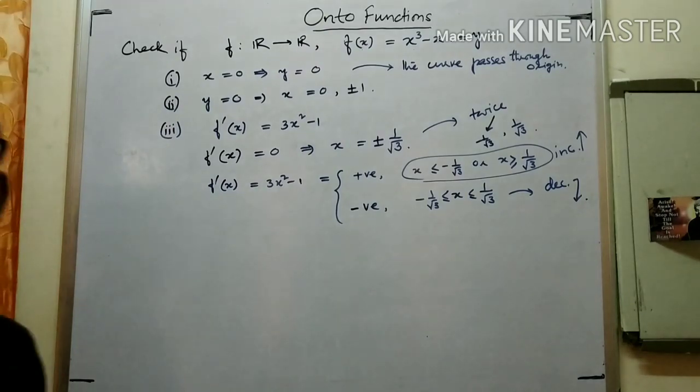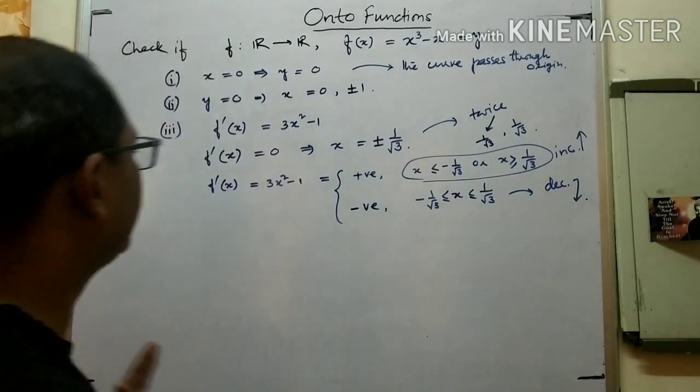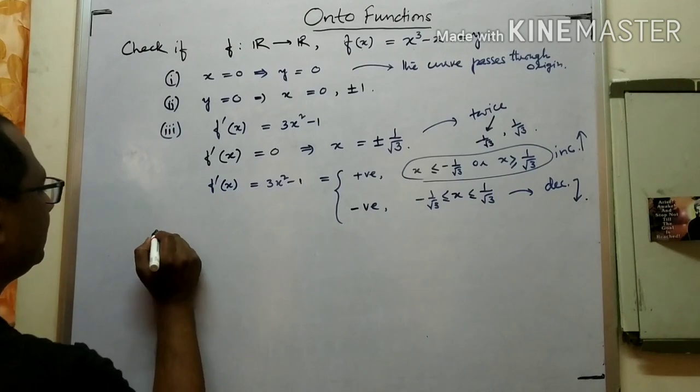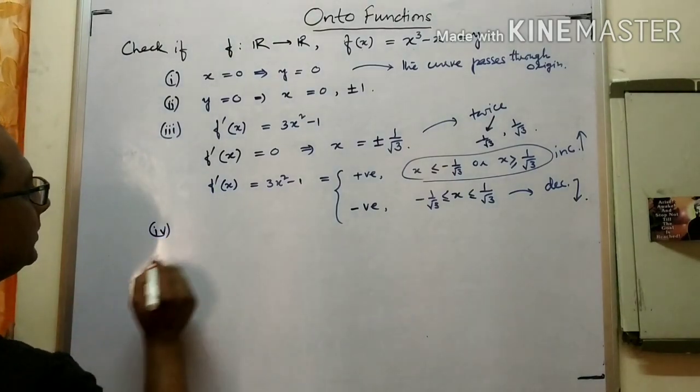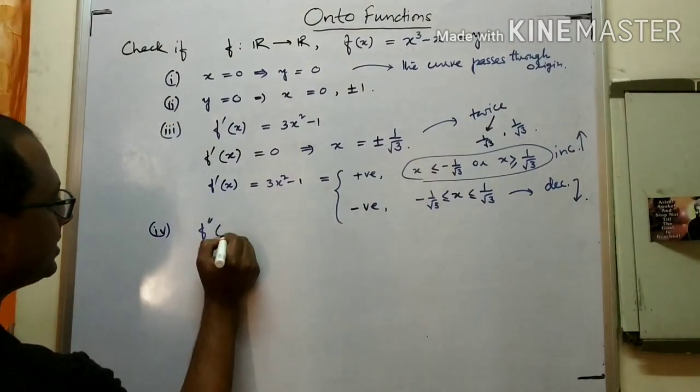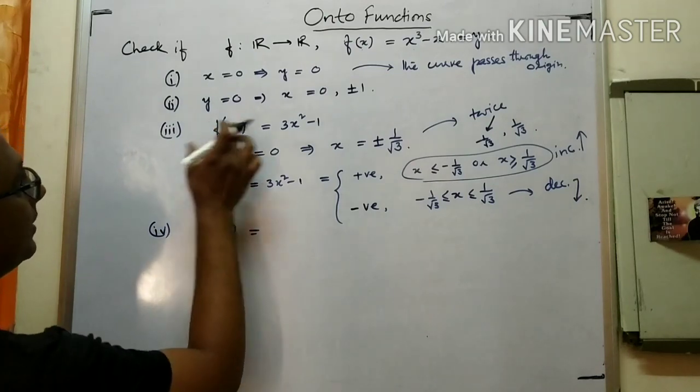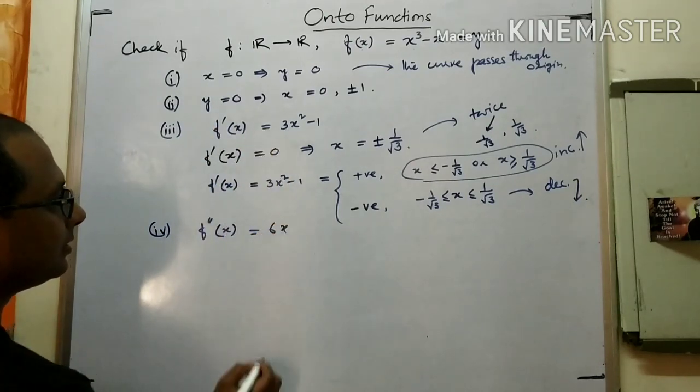Now we'll try to find out the maximum and minimum value of fx. For that we need f double dash x. F double dash x will be 6x.